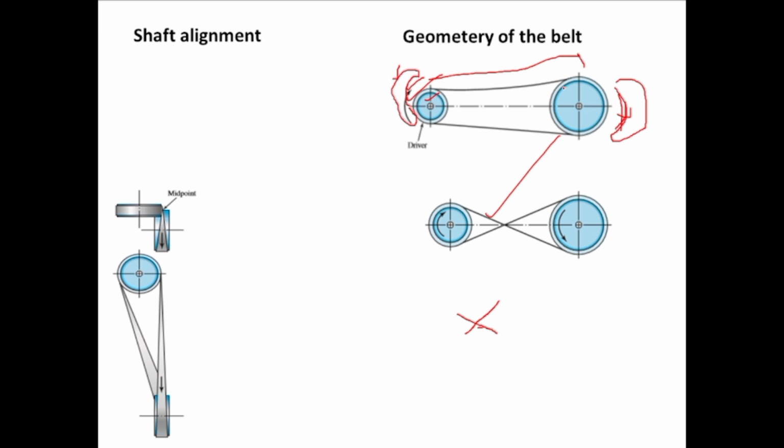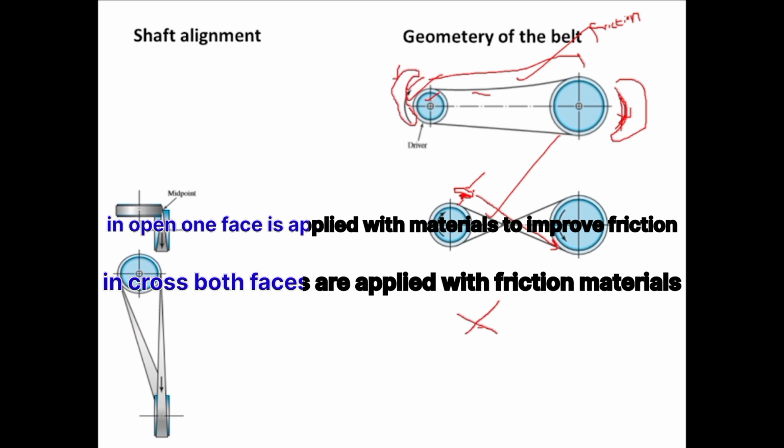So to improve the friction, we will have to apply frictional material, but in this case only to one face, that is the lower face. And here in this case, let's say this was the belt, at this point this is the face where there is contact with the pulleys, but when it moves to this pulley, only this other face will be in contact with the pulley. So you will have to apply the frictional material to both sides of the belt.